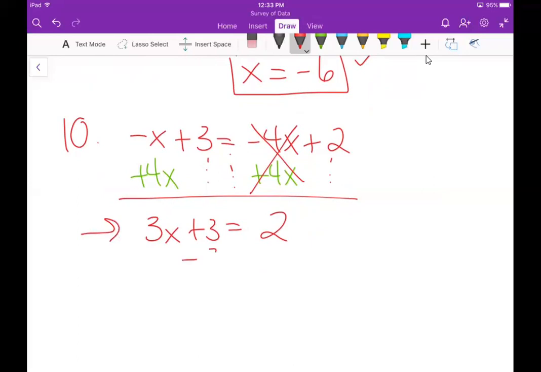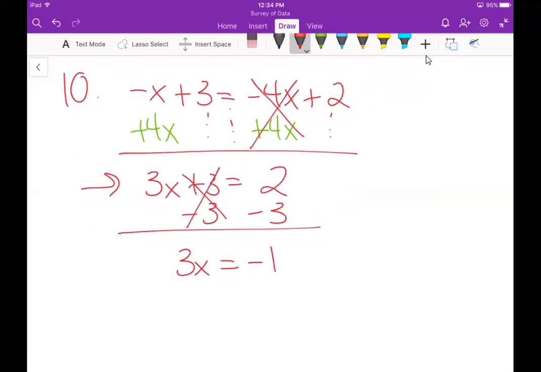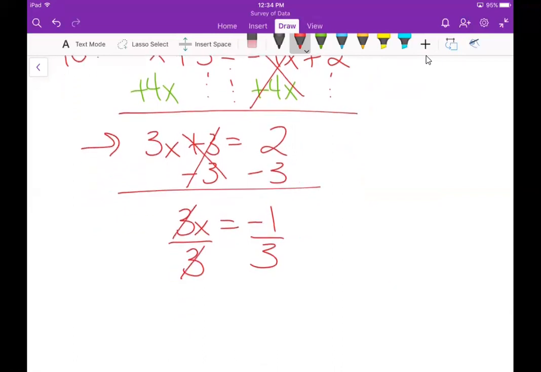I will undo that addition first by subtracting 3 from both sides. That will cancel that 3. 3x will then equal 2 minus 3 is negative 1. Make sure to keep track of those negatives. Divide by 3 since x is currently being multiplied by 3. And then we will be left with x equals, and I would leave that as a fraction, negative 1/3.